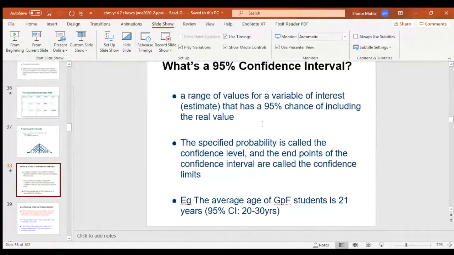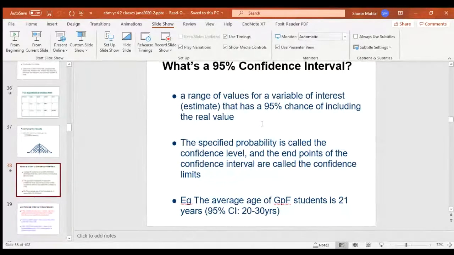I provided an interval, 20 to 30 years, 20, 21, 22, 23, all the way to 30. That's the interval. And what I'm saying by calling it a 95% confidence interval is that I'm 95% sure the average age lies within that range. That is really what a confidence interval says.